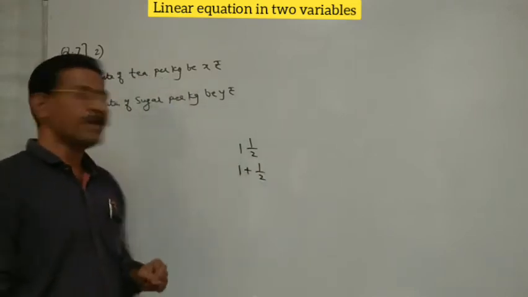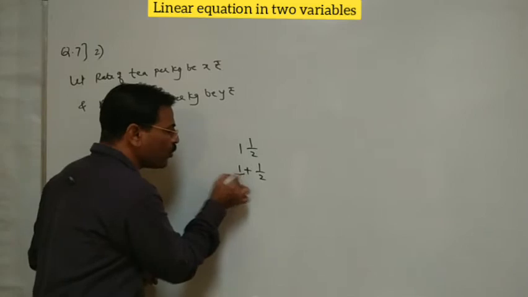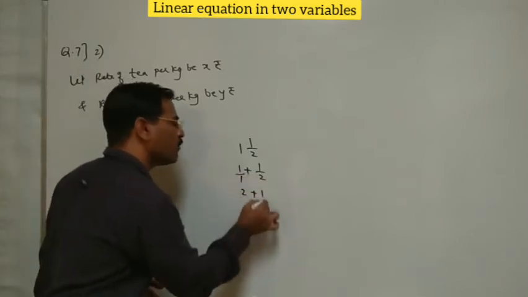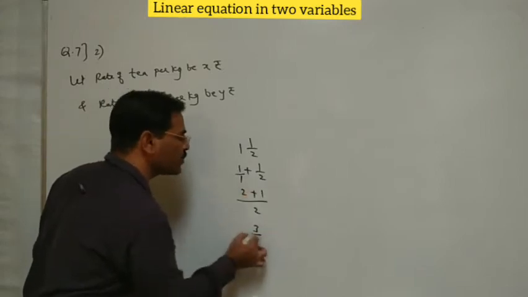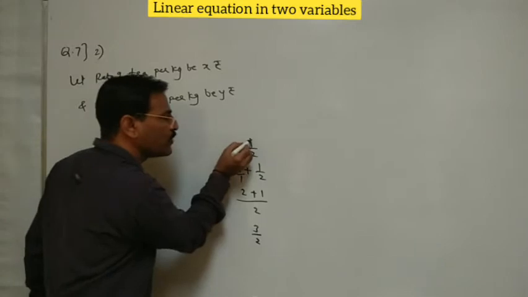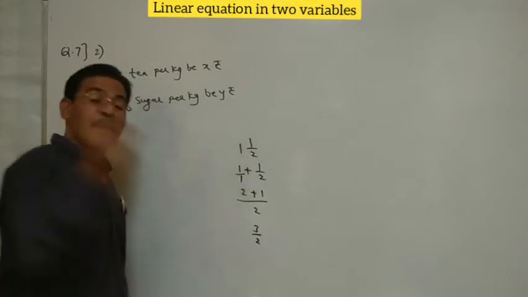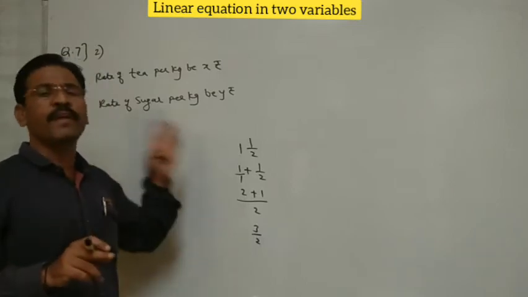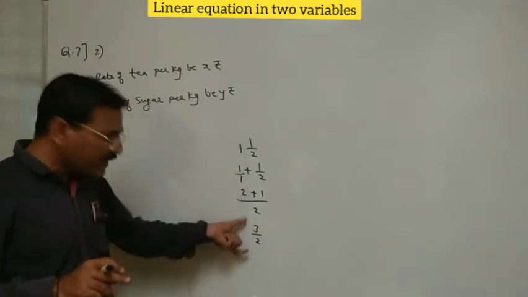Remember, friends. So here 1 means 1 upon 1. Go with cross: 2 ones are 2, 1 ones are 1, upon 2 ones are 2, means 3 by 2. That is why 2 ones are 2 plus 1 is 3, 3 upon 2 we can make. Understand? Like this we can make it in this form.